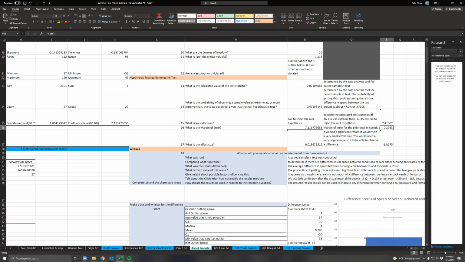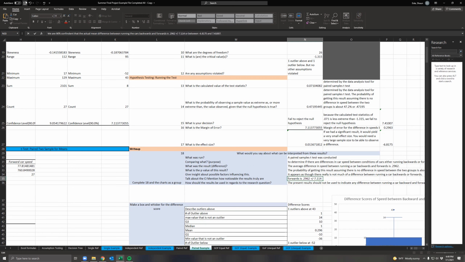Okay, so we are 90% confident that the actual mean difference is blank or between blank and blank. And then you can put mean difference between running the cars backwards and forwards.